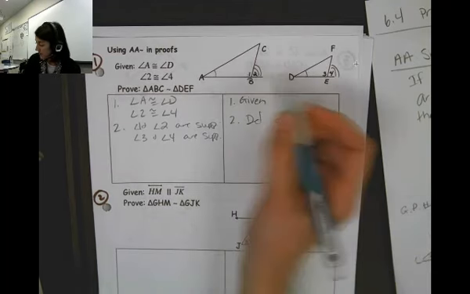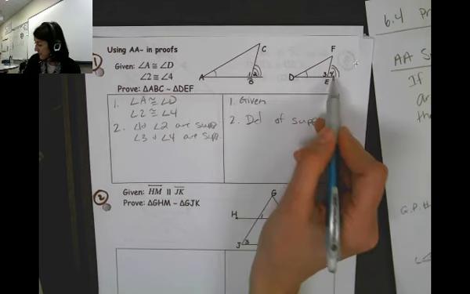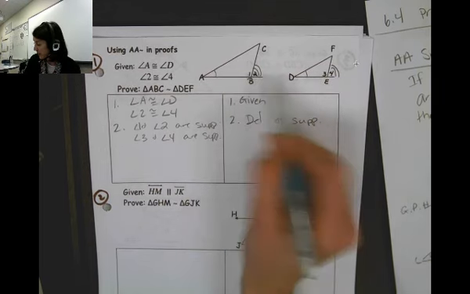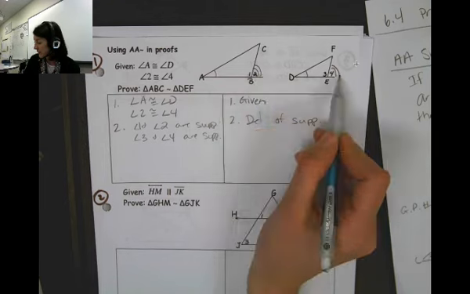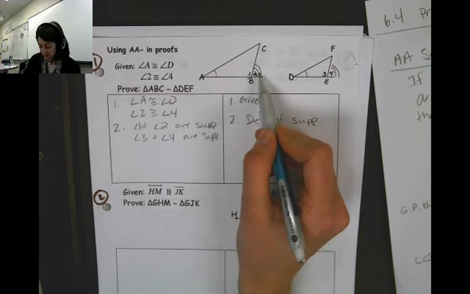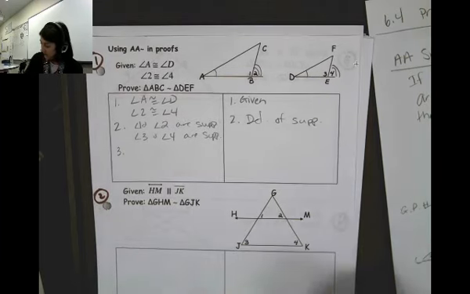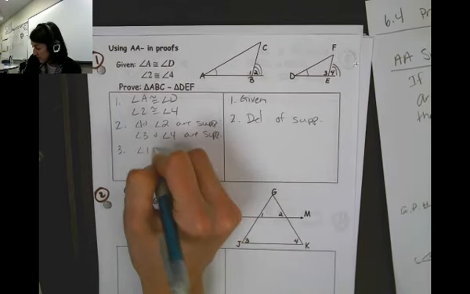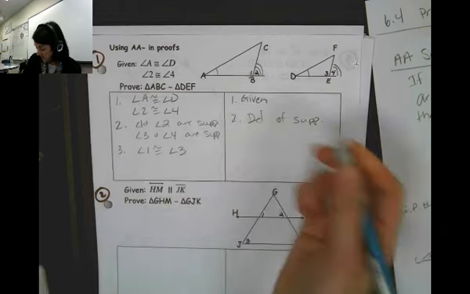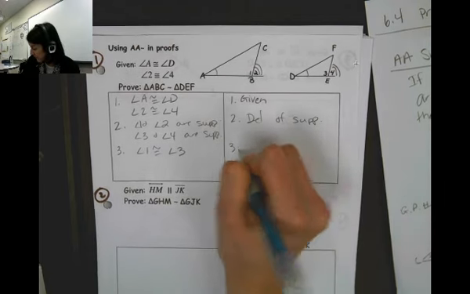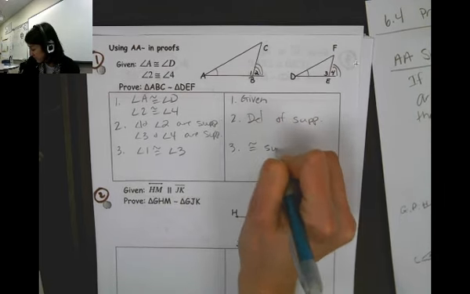If I know that these are supplementary and these are supplementary, it looks like 1 and 3 are supplementary to a pair of congruent angles. Hopefully that is sounding familiar because we learned that earlier this year. I can go ahead and say angle 1 is congruent to angle 3. It was called the congruent supplements theorem.